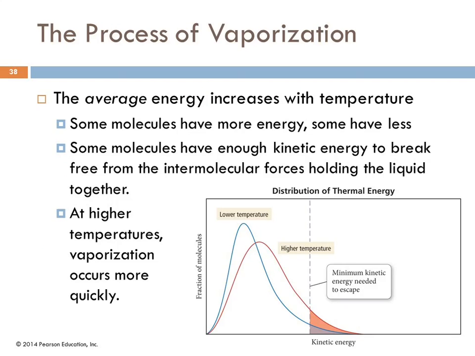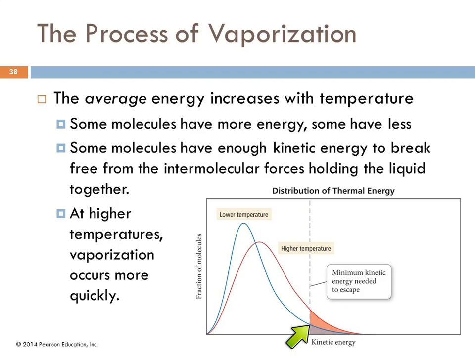So the average kinetic energy of a liquid is going to increase with temperature. The average kinetic energy of anything increases with temperature. And you're going to get kind of a bell curve like this. So here, blue at the lower temperature, and this is the minimum energy needed to escape.